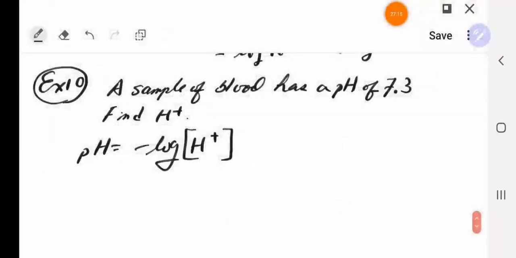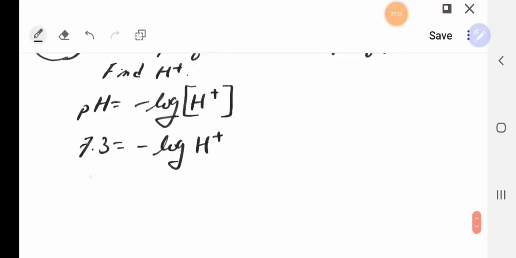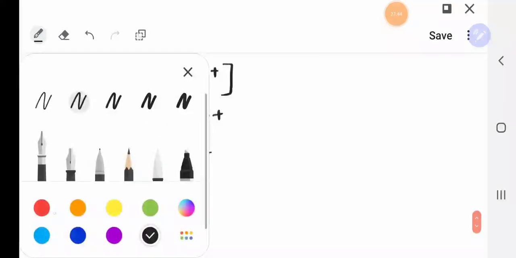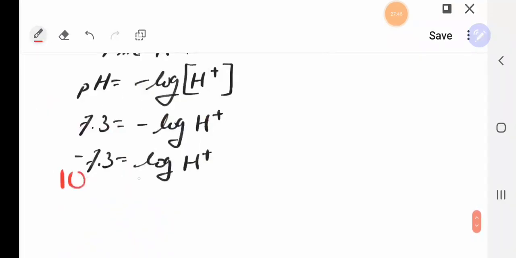Okay, in this example, let's find the amount of H plus. A sample of blood has a pH of 7.3. Using the formula, pH is 7.3, which is equal to negative logarithm of H plus. Multiply each side by negative, then negative 7.3 is equal to logarithm of H plus. To get rid of this logarithm, we can put base 10 on each side.